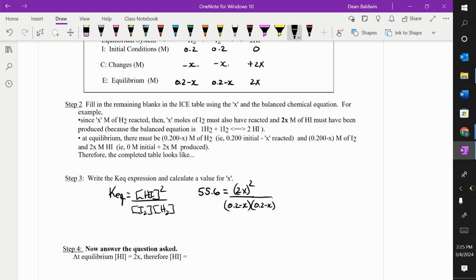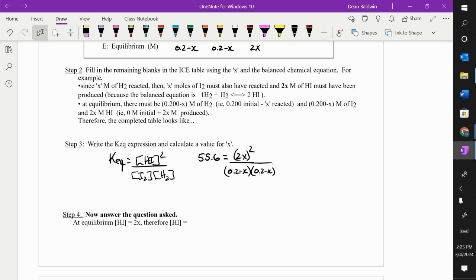So now we've got to solve for X. You could take the log if you really wanted to, but that's going to make it way more complicated. What do you notice about the denominator? They're the same, right? So that's 0.2 minus X all squared.